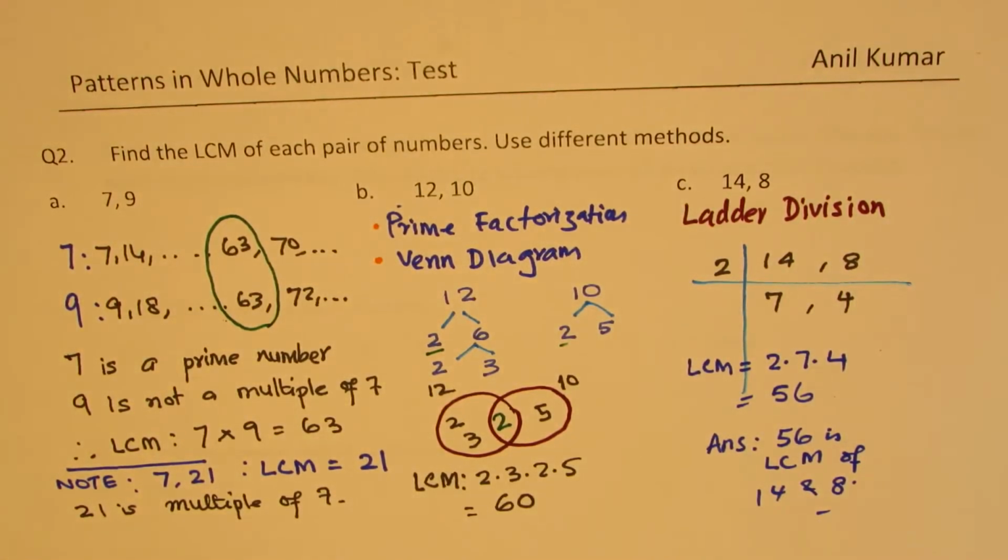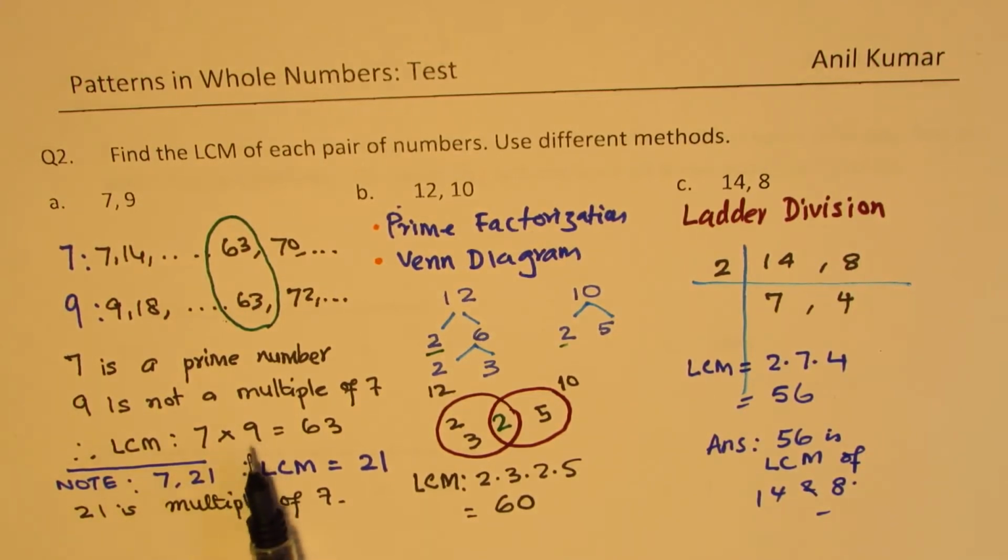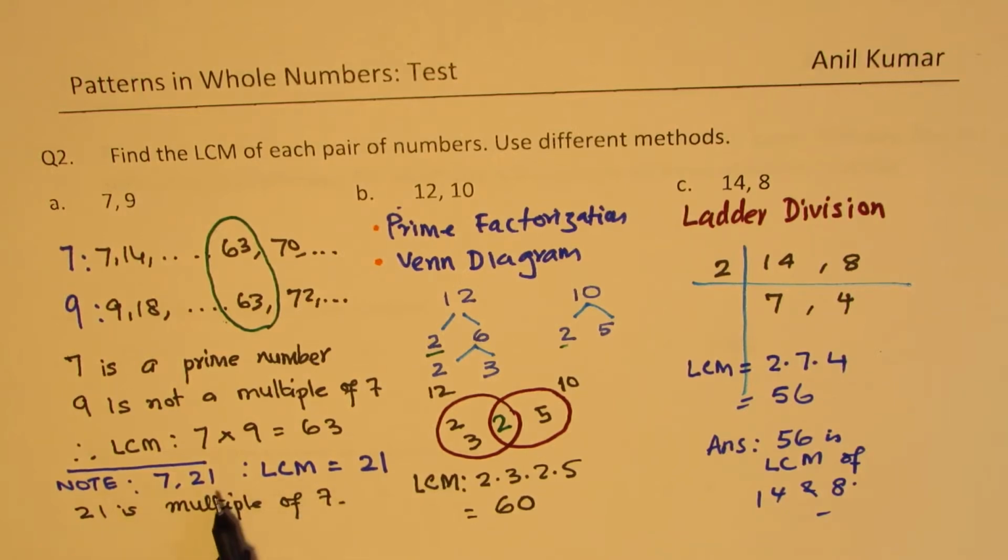This was a special case where one of the numbers was a prime number, and therefore we arrived at the result very fast just by multiplying the two numbers. Note that the second number was not a multiple, and therefore we had a very big number. If the second number is a multiple, as in the example 7 and 21, then the multiple is right there before you, so the lowest common multiple is the other number.